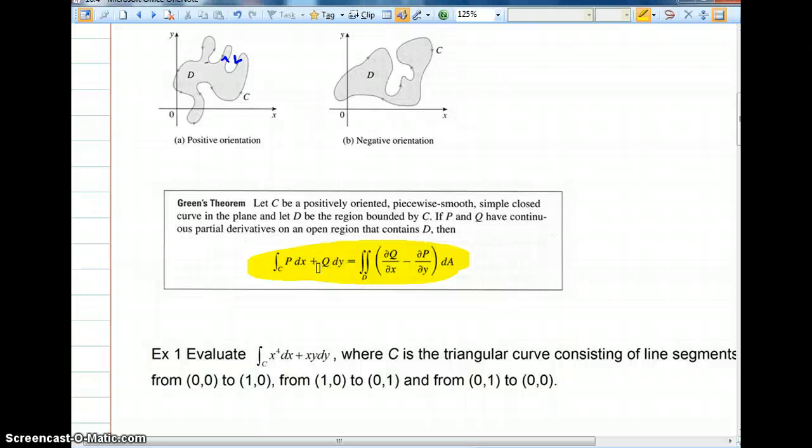And that is an absolutely amazing connection.